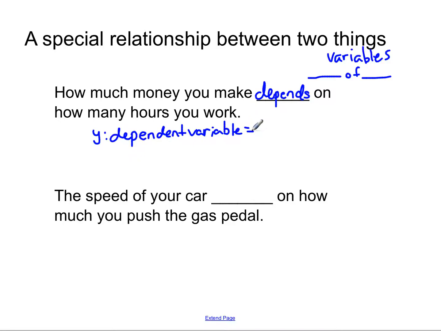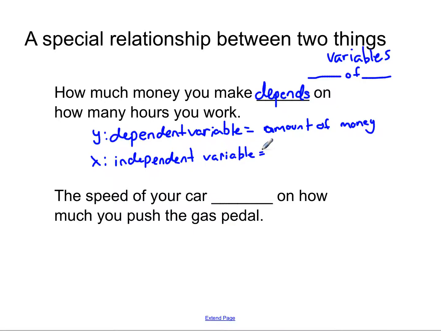Well, which one depends on the other one? That would be the money, or I should say the amount of money made depends on, we'll call that our x value, our independent variable, the one that does not depend on the other, and in this case our independent variable will be how many hours you work.